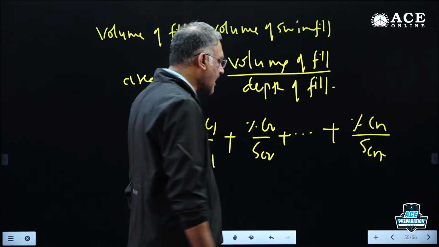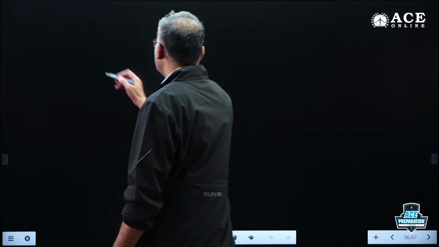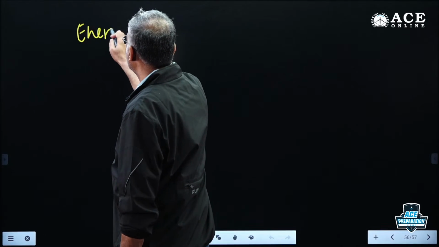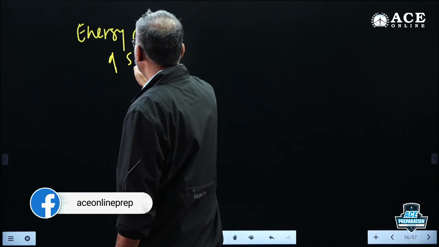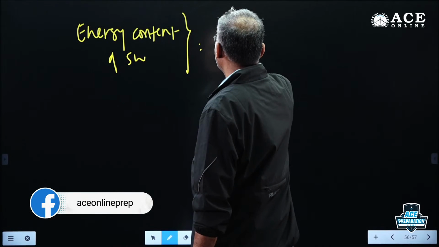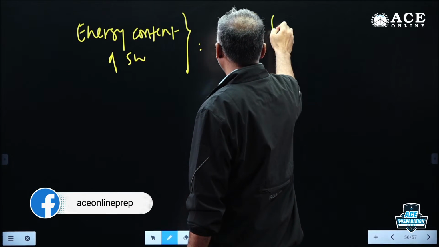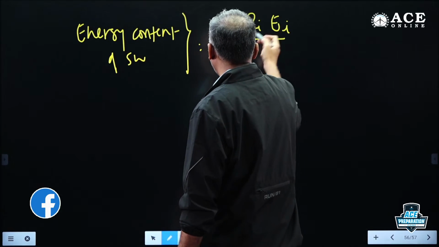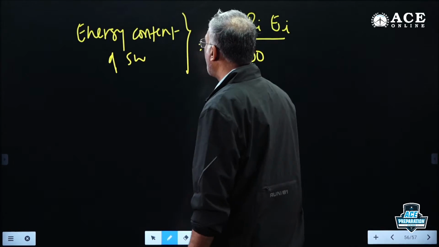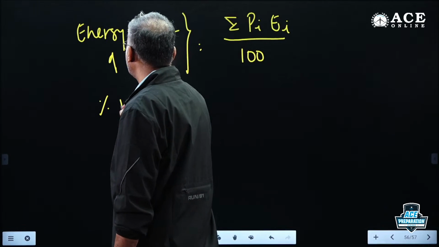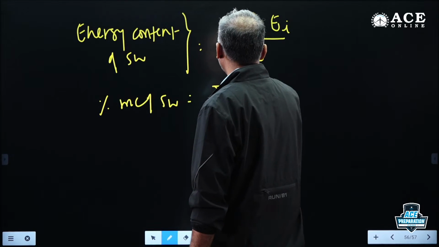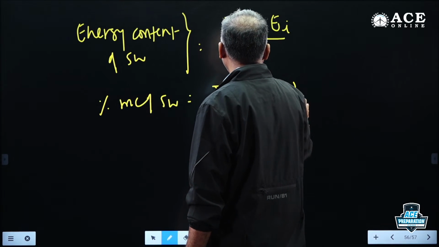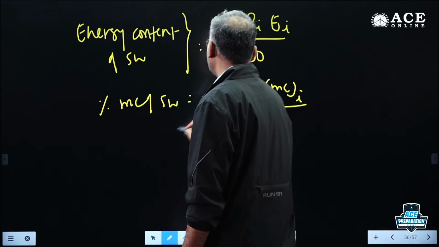Sometimes they ask for the energy content of solid waste. If they ask, it is the percentage of each individual component in solid waste times the respective energy content of each, divided by 100. Sometimes they ask for the percentage moisture content of solid waste. Similarly, the moisture content of individual components times their percentages will give this.